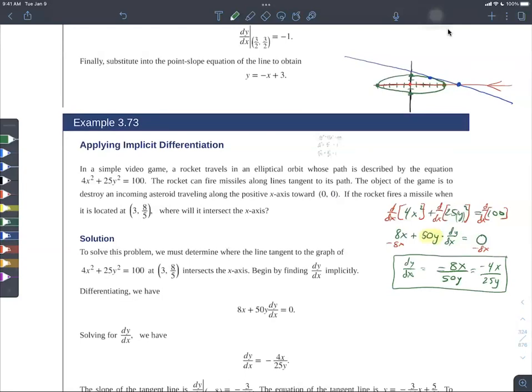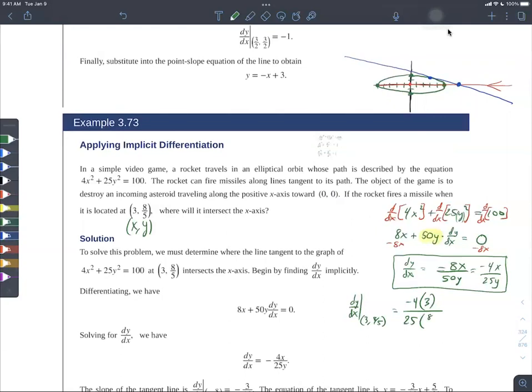The derivative will give us the slope of the tangent line. So let's go ahead and find the slope of the tangent line. The x value and the y value were given. So dy/dx, the slope at the point (3, 8/5), is equal to negative 4 times x, which is 3, over 25 times y.